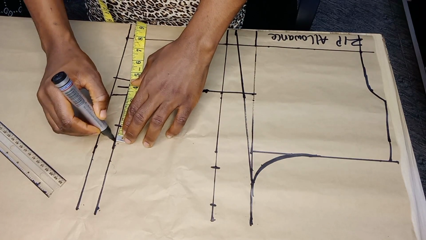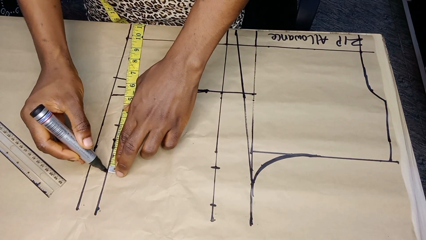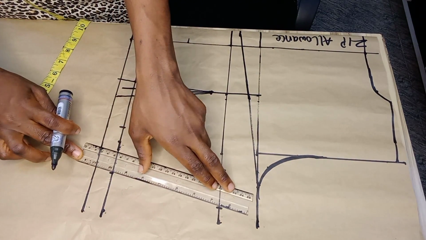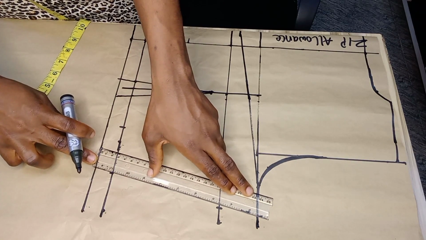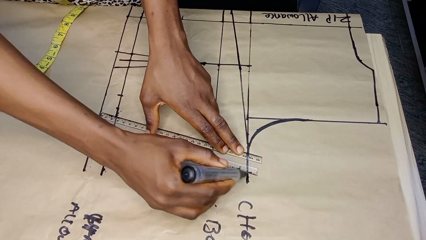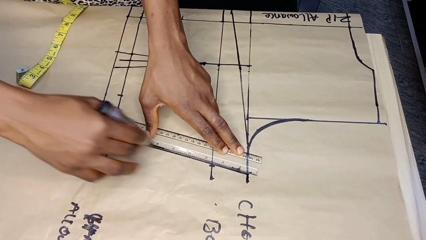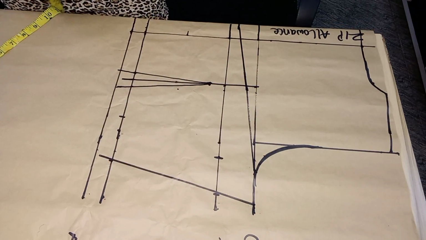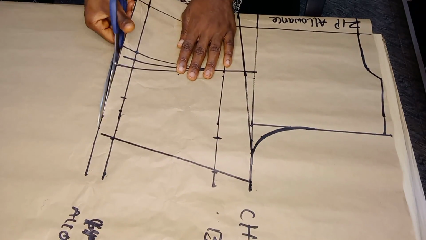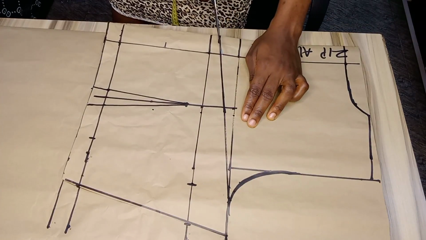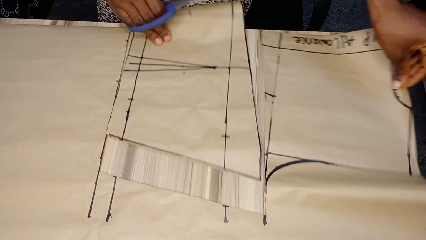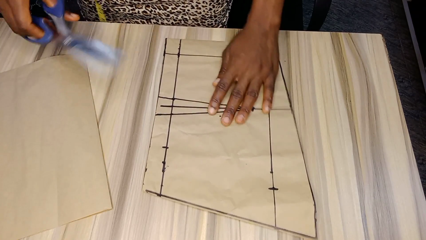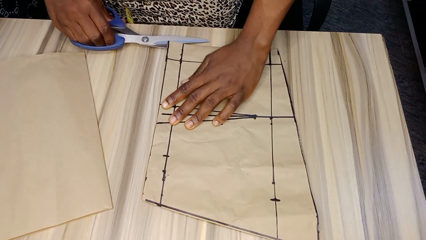You put it here, and then you add your 2 inch allowance, then you join it together with this. So you're going to cut out now. So this is what you'll be needing. You'll just be needing this alone, but don't forget to split the back open.